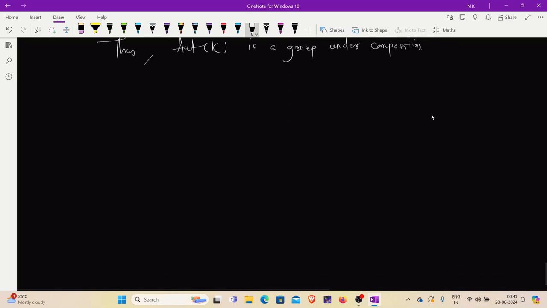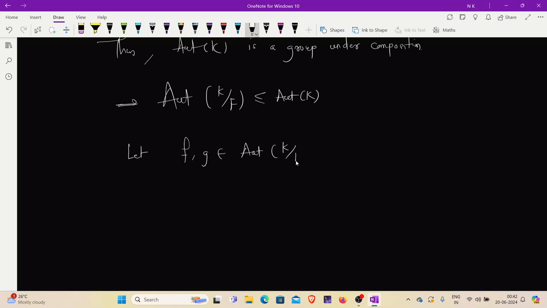So first of all, let me assume any two elements from Aut K over F. So my next target is to show that Aut K over F is a subgroup of Aut K. So we will use the subgroup criteria to show that. So for that, let me take two elements from Aut K over F. So let f, g belong to Aut K over F. Means both of these elements are automorphisms of K which fix F, right?